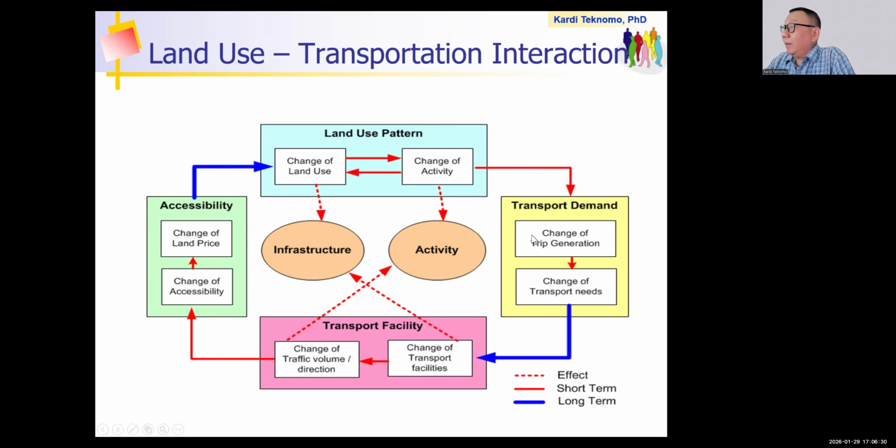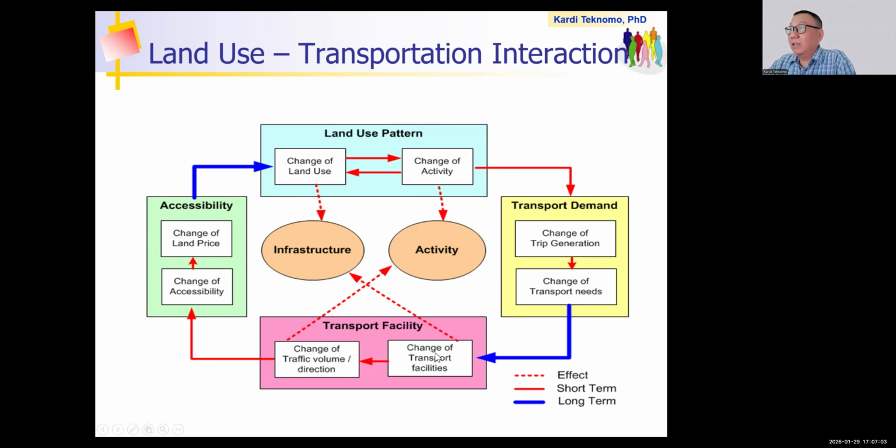Now the change of the demand in transportation eventually, in the long term, because there is some greater need for new transportation, you will change the transport facilities. That includes the road width, the road network, the station, terminals, and so on. That eventually will change also the traffic volume per direction.